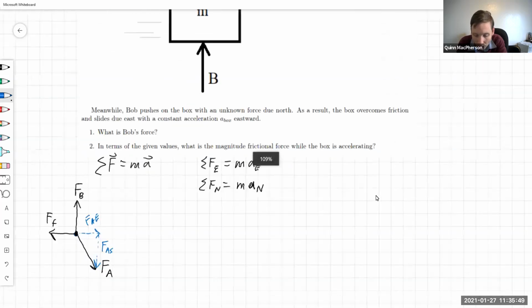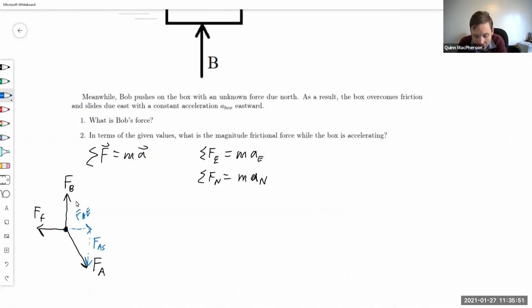Back to what I was doing, I'm trying to find the magnitude of force Bob. So I'm doing the sum of forces in the north direction equals ma in the north direction. What is the sum of forces in the north direction? We have minus force Alice south. Since force Alice south is a positive number, I have to give it a minus to be minus north.